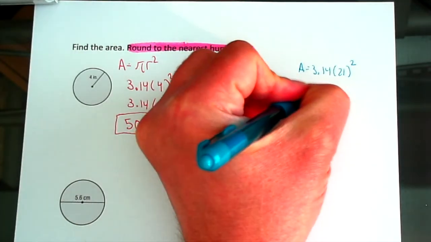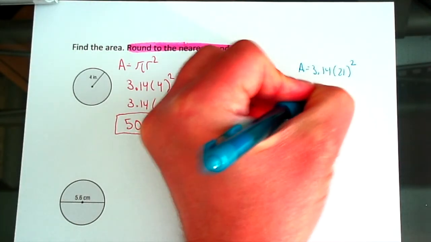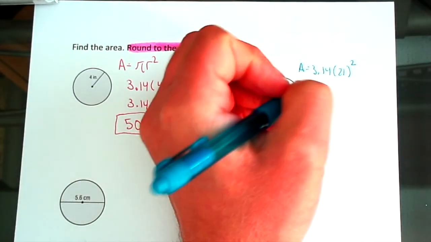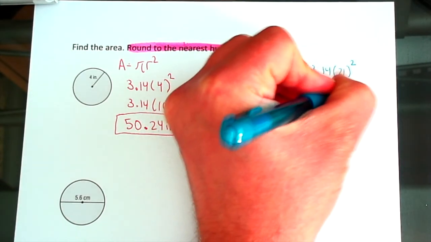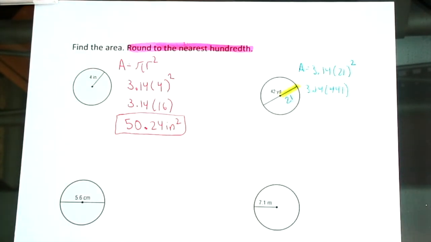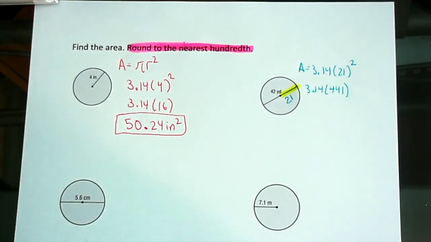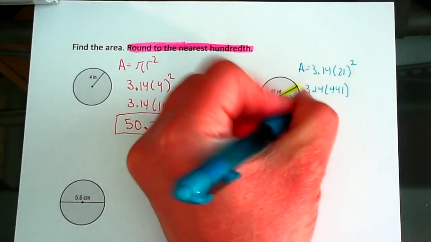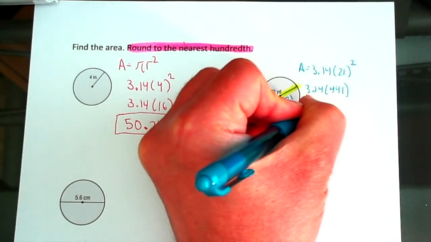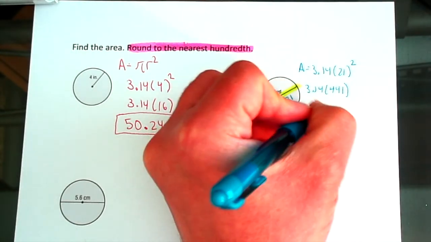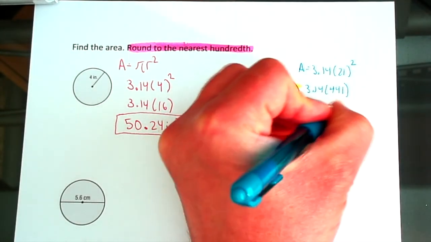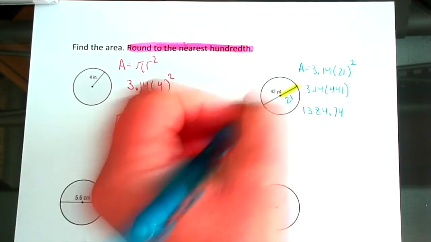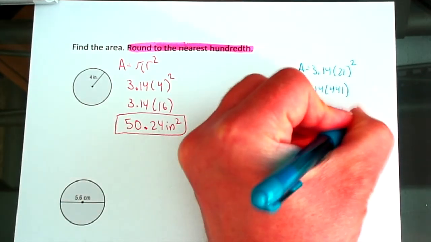If I go through the calculator and put it in there, I get 441, because that's 21 times 21. Then the 3.14 times 441 gives me 1,384.74, and this time it's yards squared.